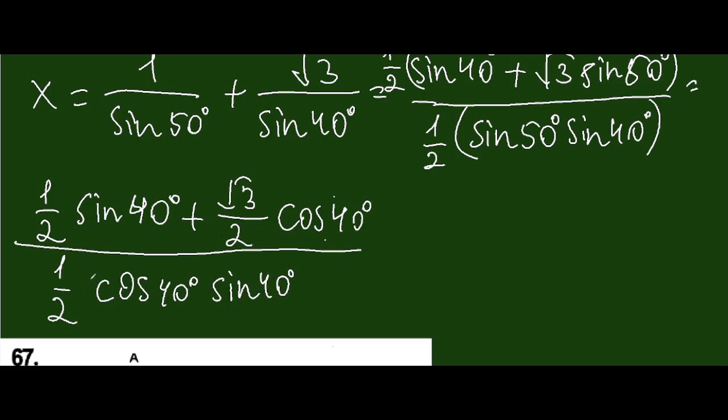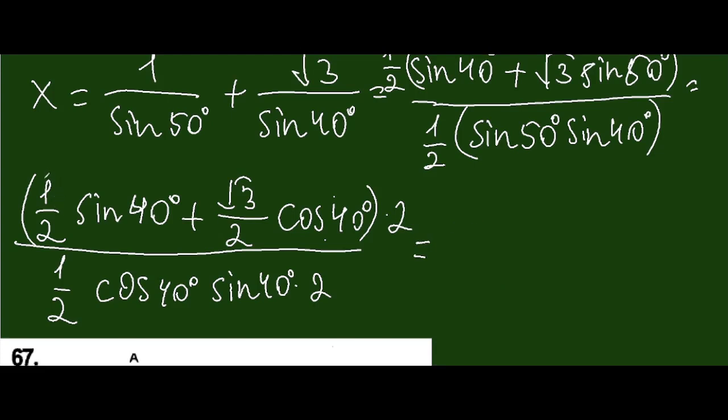And we can again multiply it by 2 and by 1 over 2. We can just multiply the numerator and denominator by 2, because this one will give us the formula of sine 2 alpha.